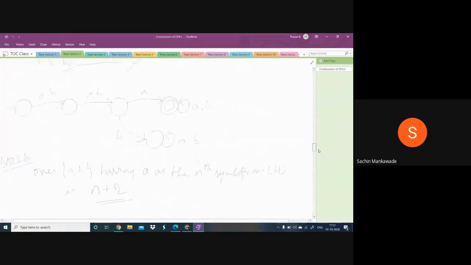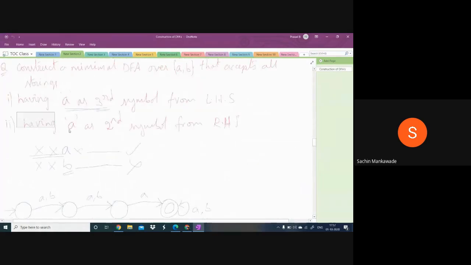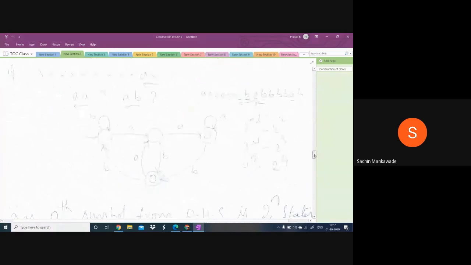Look at this here. Having A as the second symbol from RHS; instead of A, now it is B. This is the diagram.